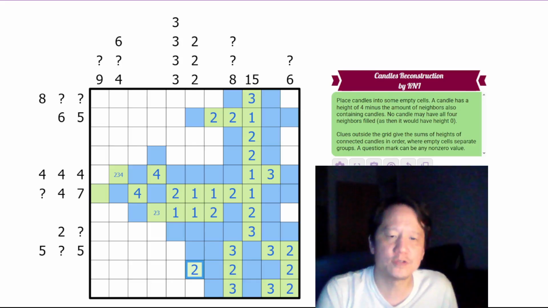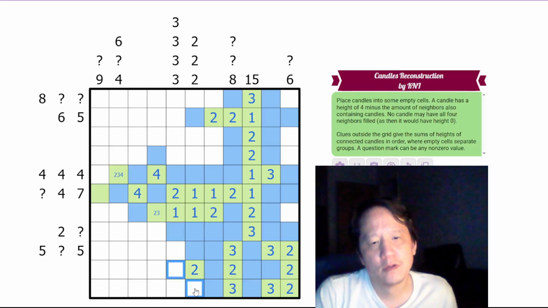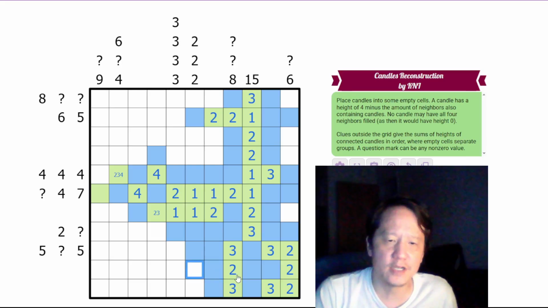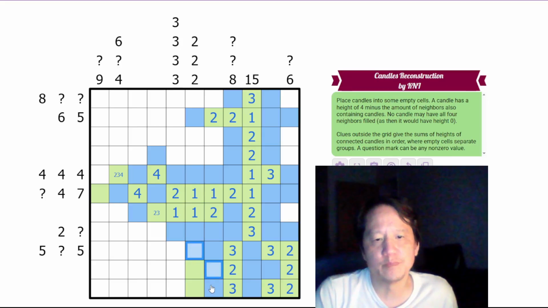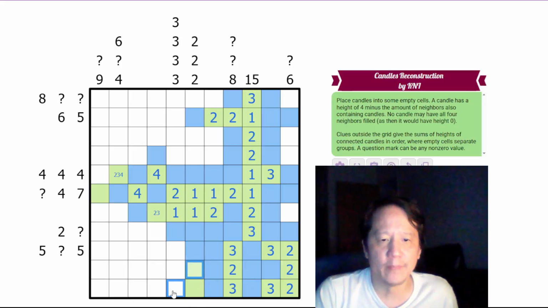So we'd have to have 2 there, and that doesn't work. So this can never be 2 either. And you can't have 1 and 1 here because both of these have less than 3 neighbors with candles. This has 2 neighbors without candles. This has at most 2 neighbors with candles. So this can't be green.